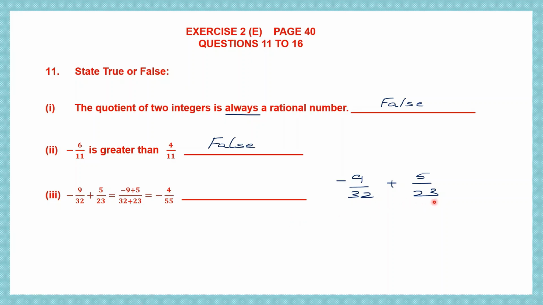I'll have to find the LCM of the two denominators. Whereas here, they have added up the two numerators, and similarly 32 plus 23, they've added up to 55. That is wrong. When denominators are different, we find the LCM of the denominators to make the two rational numbers equal. So you cannot do it this way. This statement is also false.